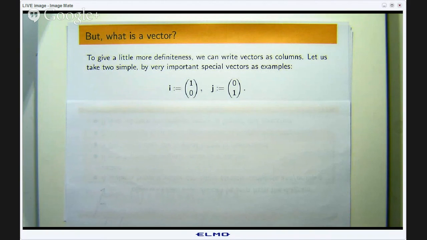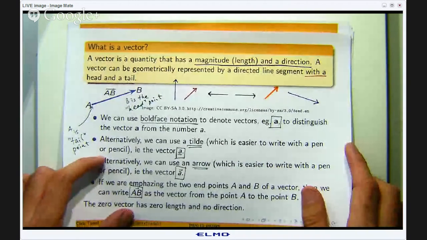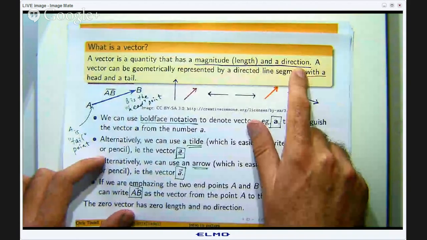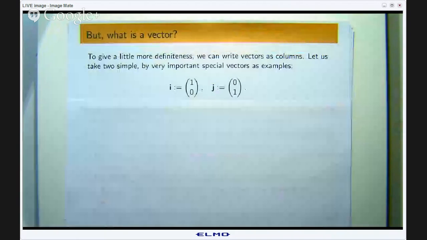Now, some people, if you watch that previous video, will be thinking, hang on, if this is how you define a vector, something with a magnitude or a length and a direction, that sometimes leaves people a little bit curious about what a vector really is.